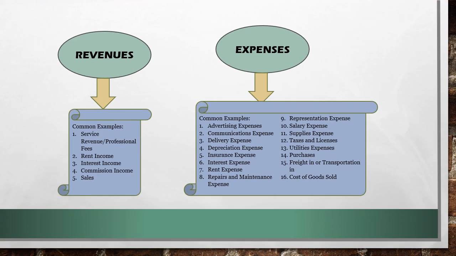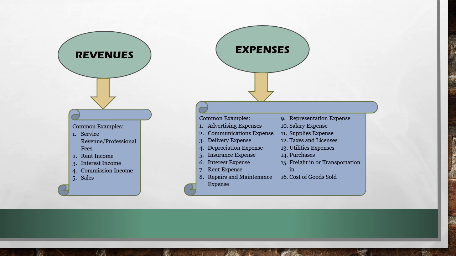The last two elements of accounting present in our income statement are what we call the revenues and expenses. For the revenues, increases in economic benefits during the accounting period in the form of inflows.